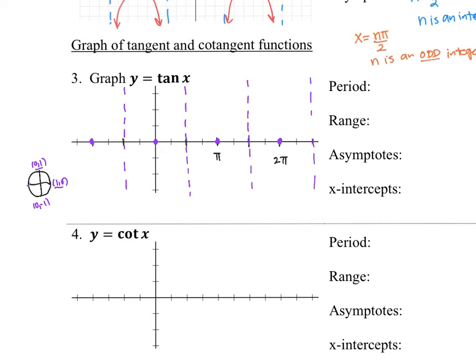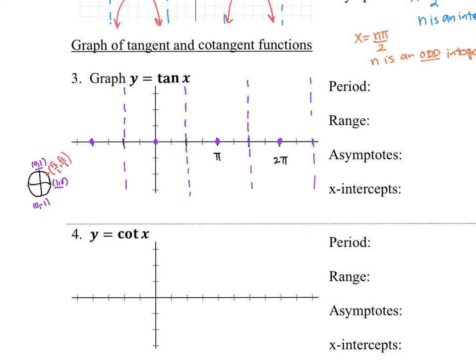Now the problem is this is not my graph. There's more to my graph. So I need a couple other nice points to get my graph going. In terms of tangent, a place that has a nice tangent is right between 0 and pi over 2, because that's root 2 over 2, root 2 over 2.